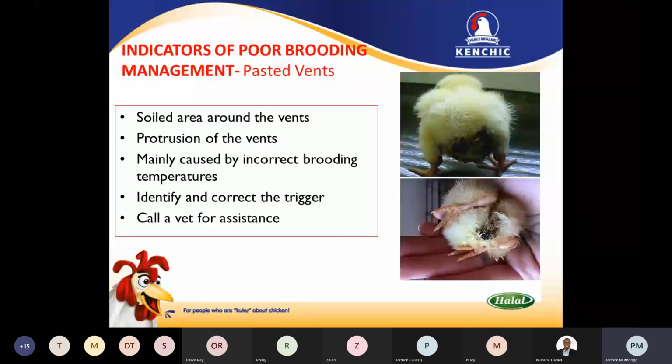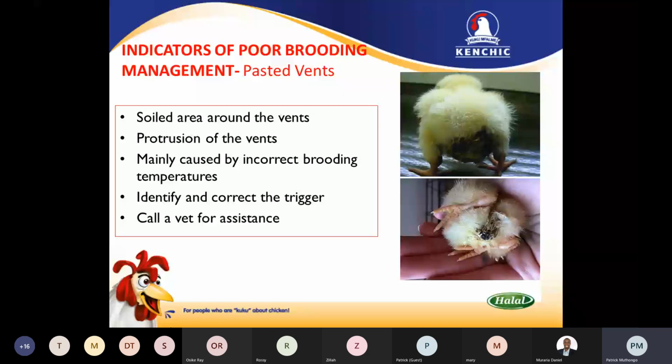The very first indicator of early chick mortality is unthriftiness, chicks that look weak, and probably pasting. You will start to realize that when you look at your chicks from behind, the droppings are pasted at the back, or your chicks are unable to pass droppings, what we call constipation. Soiled area around the vents, protrusion of the vent.